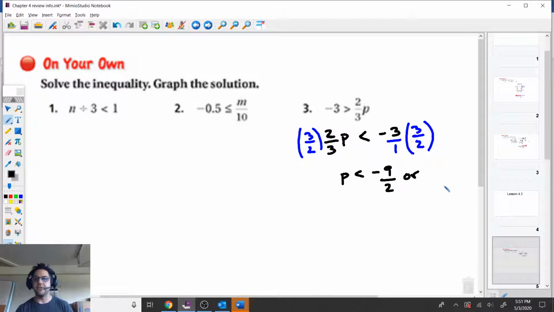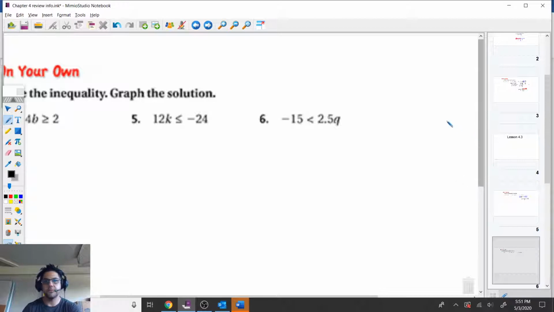So negative 9 over 2 is really negative 4 and 1/2. Because 2 goes into 9, division idea, 4 times. 2 times 4 is 8, plus 1 at the top gives me my 9. Still got the negative sign. Everything looks good. All right, not bad. Let's go ahead and see what we got here.